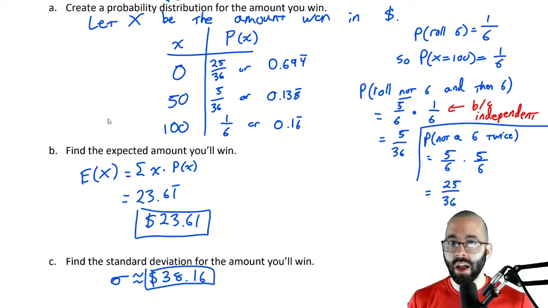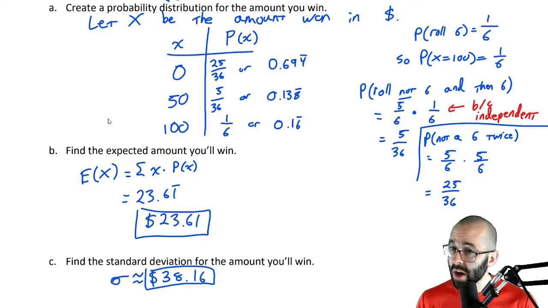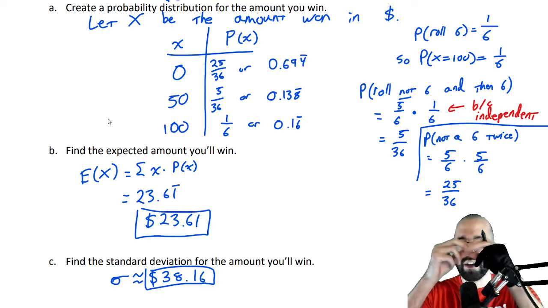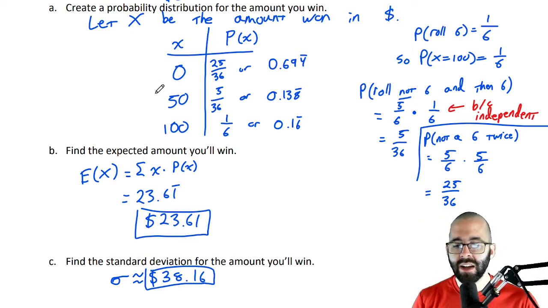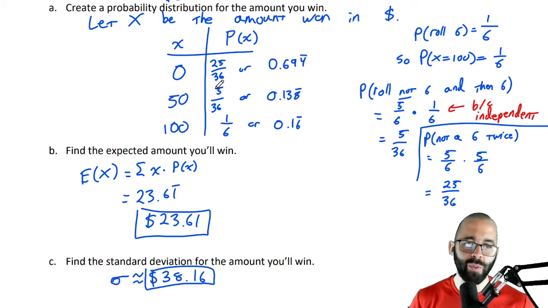So what does this mean? This means that on average, we'll win about $24 plus or minus $40. And again, standard deviation in this interpretation makes a lot more sense when we have more complicated probability distributions. Obviously, if there's only 3 outcomes, we know what to expect.